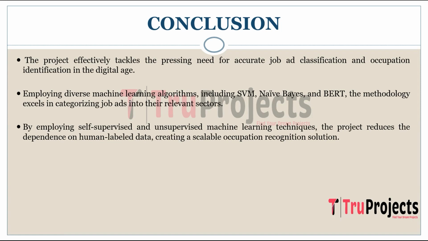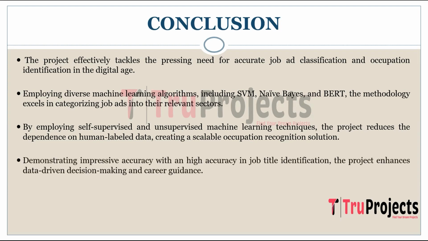Through self-supervised and unsupervised machine learning methods, the project minimizes the reliance on human-labeled datasets, offering a scalable and versatile solution for occupation recognition. The methodology's effectiveness is demonstrated by achieving high accuracy in identifying job titles, with even higher accuracy in specific sectors, improving data-driven decision-making and career guidance.